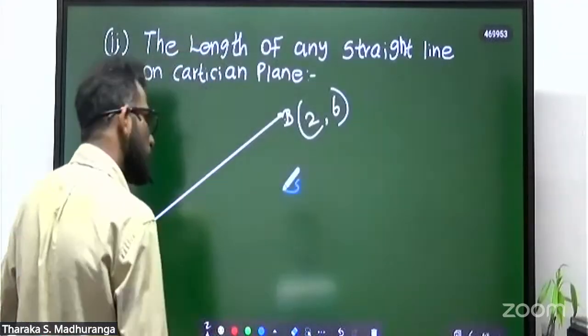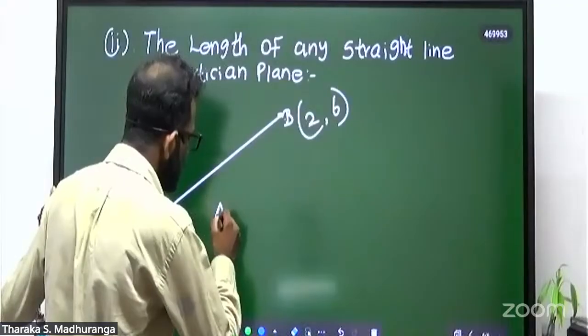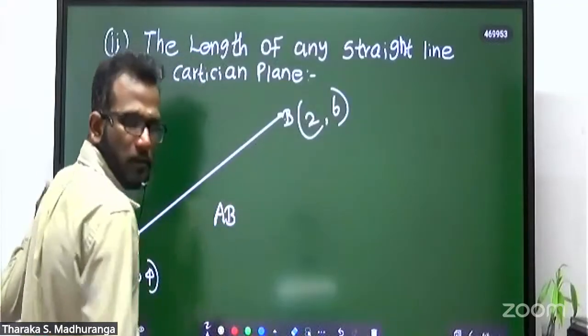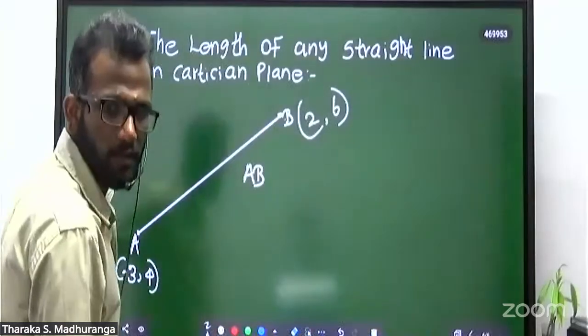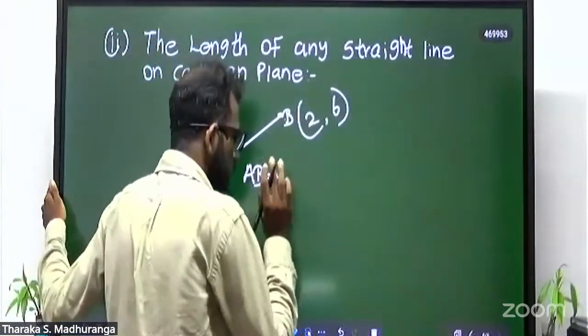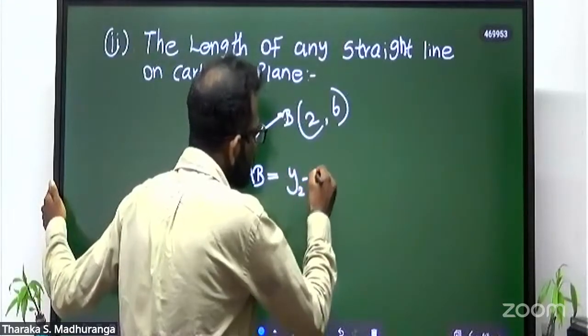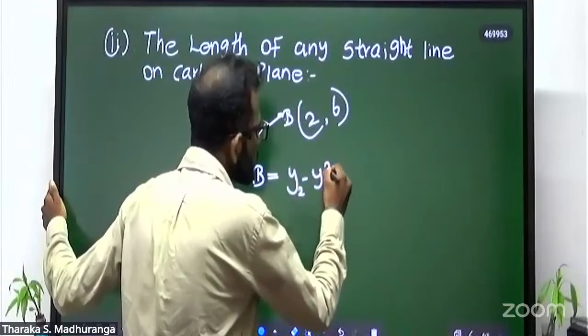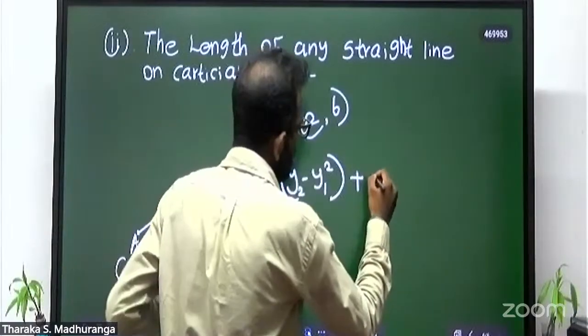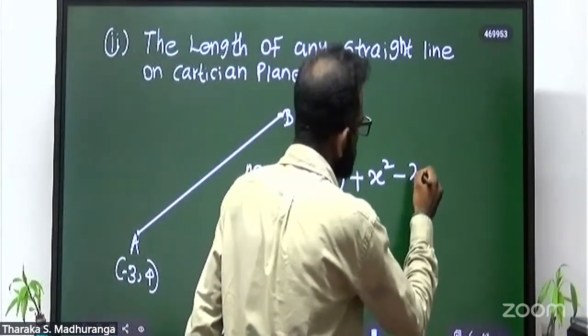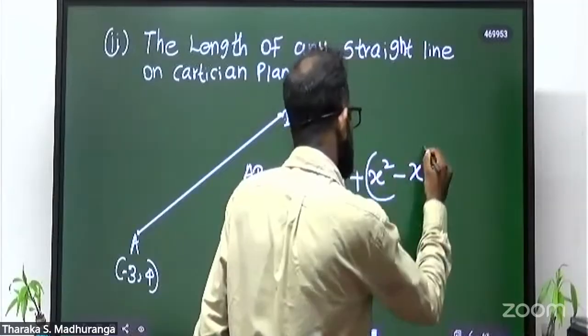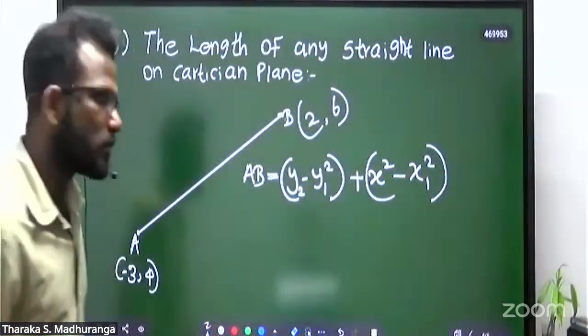The AB length, that means this straight line length, equals the square root of y2 minus y1 squared plus x2 minus x1 squared.